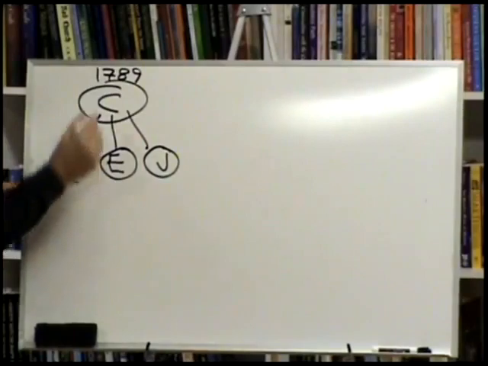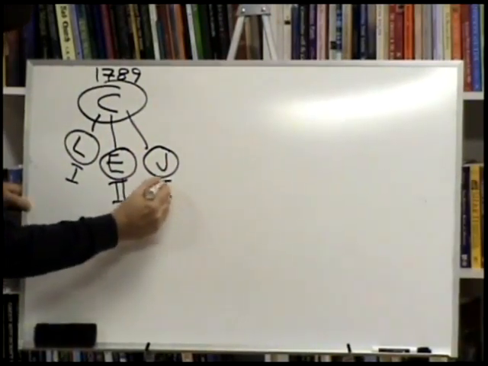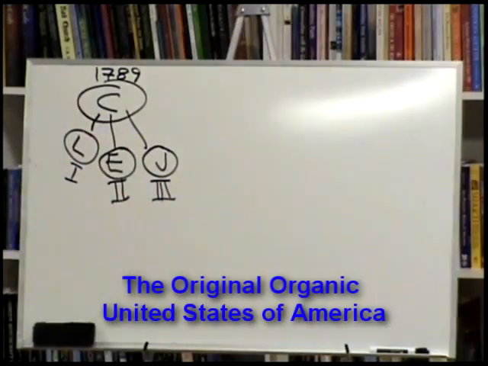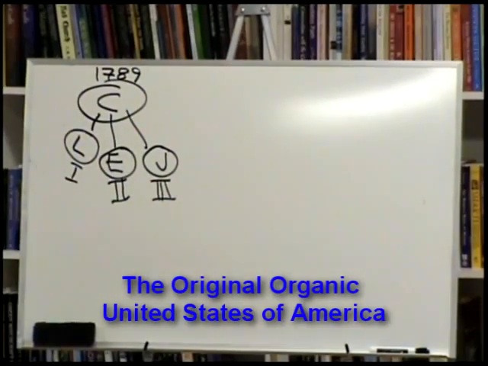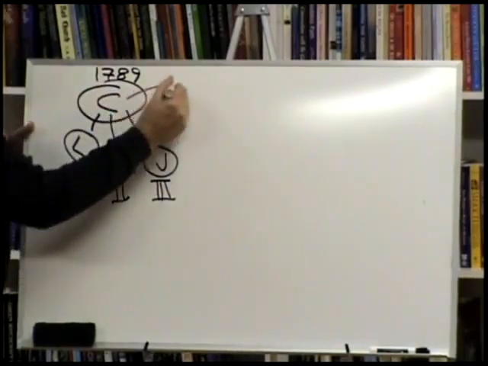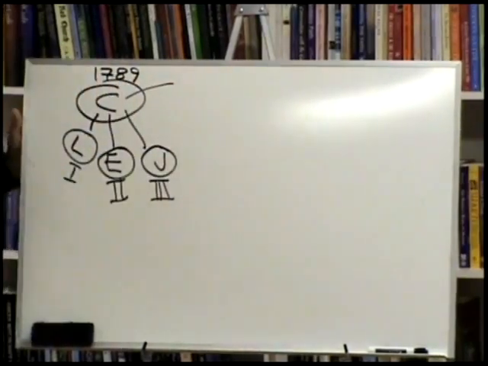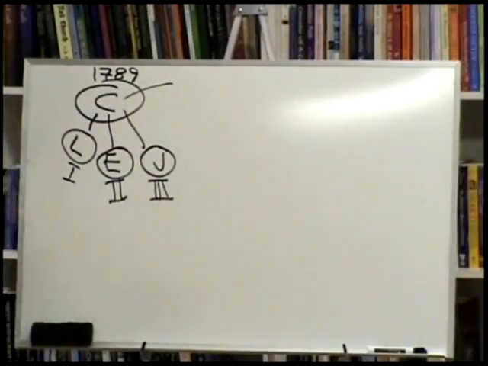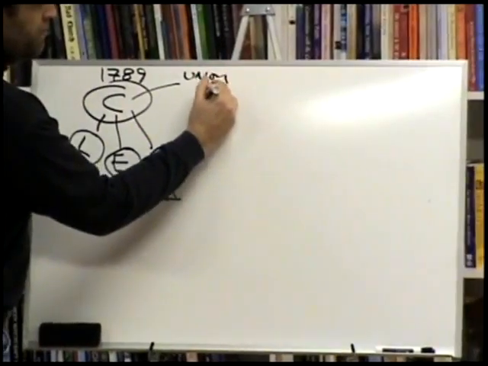This is Article 1 of the Constitution, Article 2 of the Constitution, and Article 3 of the Constitution. That is the United States. That's what the United States was when it was created. What else does it say? To form a more perfect union. So the 13 colonies or the 13 states that were bound by this became a union of states.